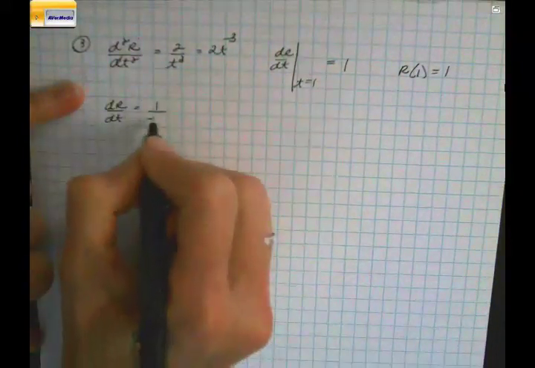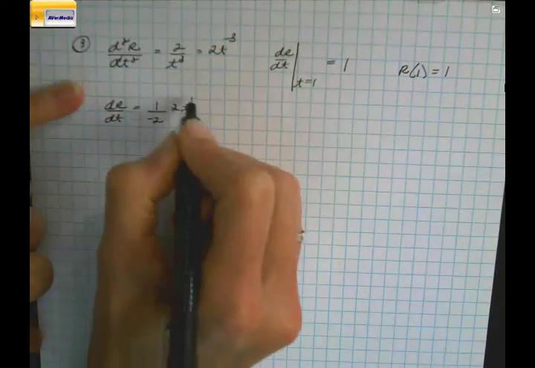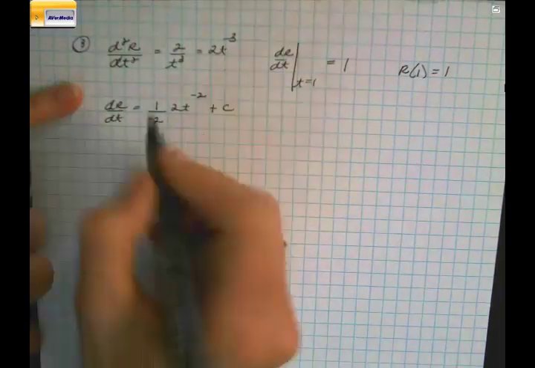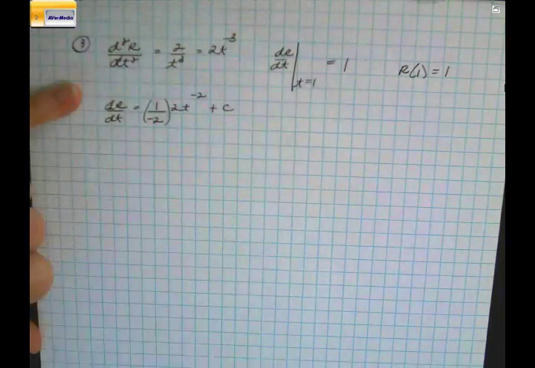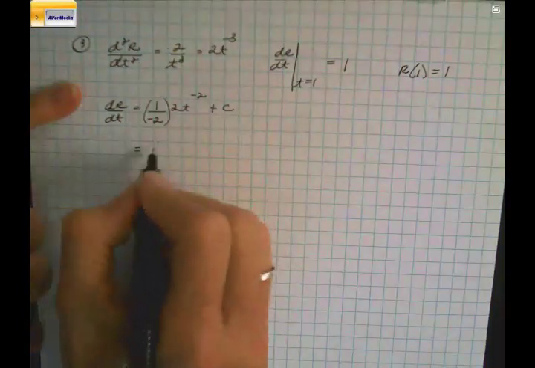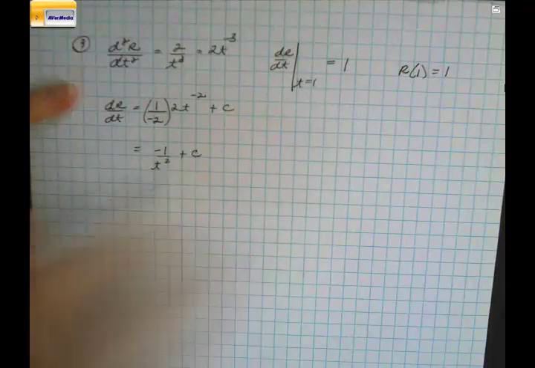So this is 1 over negative 3 plus 1. That's what it is. Okay. So it ends up equaling what? A negative 1 over t squared?